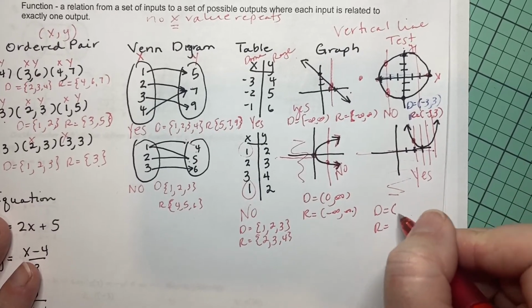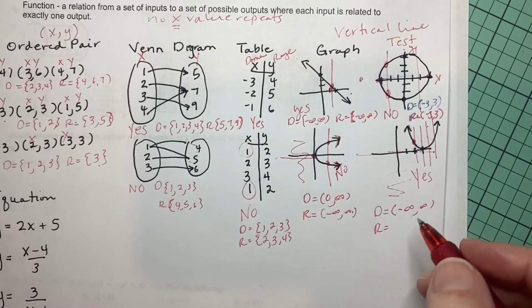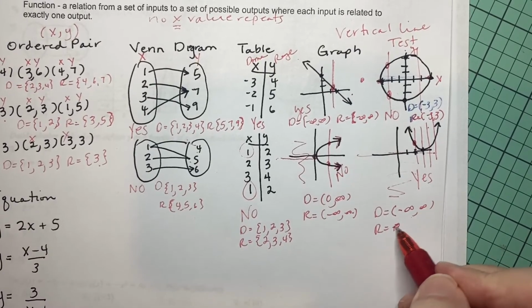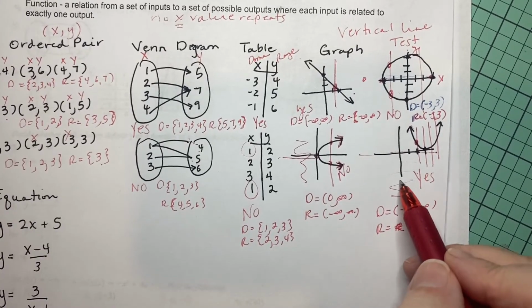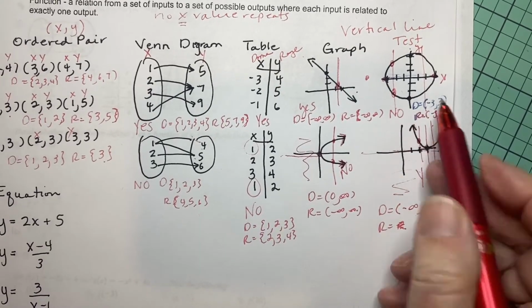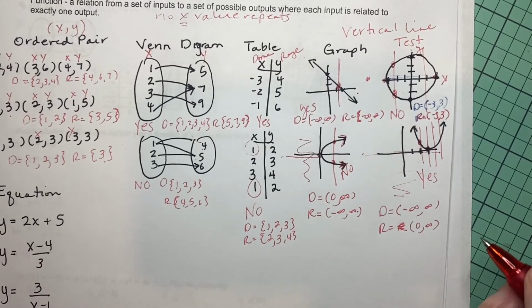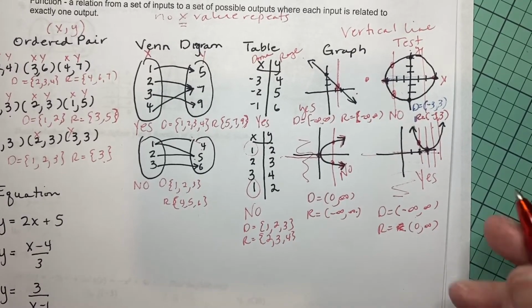So that means on this one, your domain is negative infinity to infinity. When you look at your y-axis, there's nothing down here. Your y starts right here and continues to infinity. So your range is 0 to infinity.